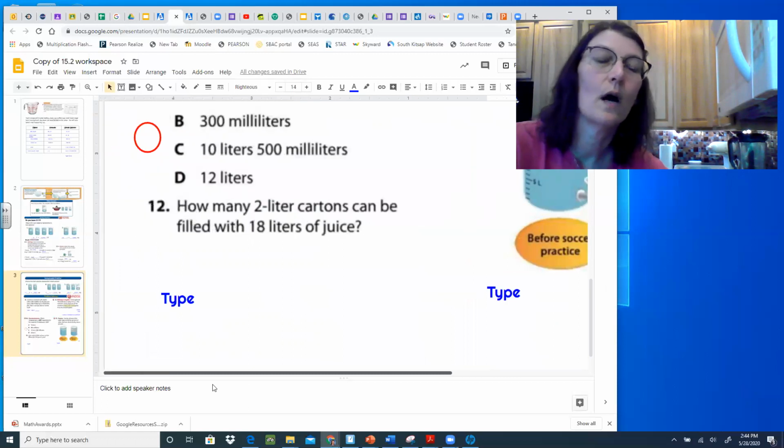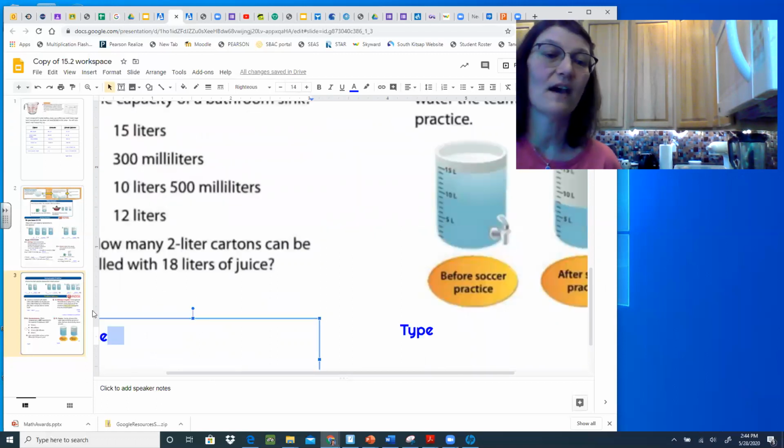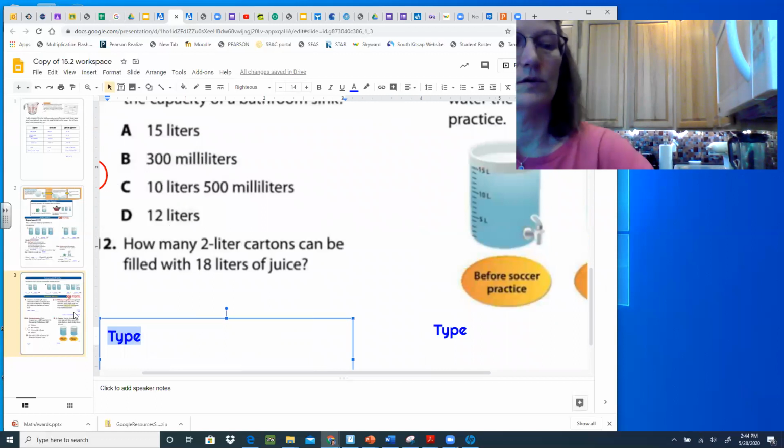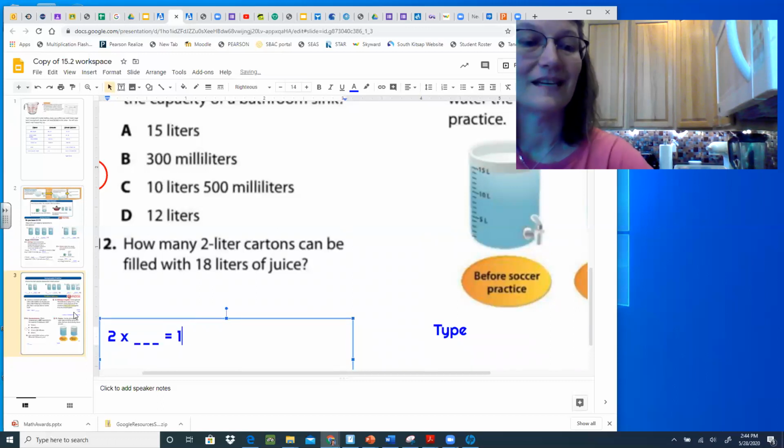Oh no, here we go. So how many 2-liter cartons can be filled with 18 liters of juice? This one is like a fact family. So 2 times what equals 18.